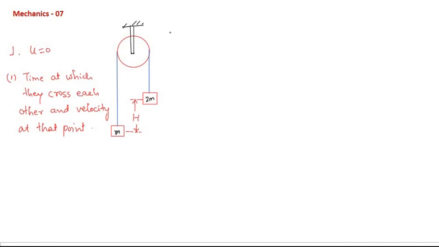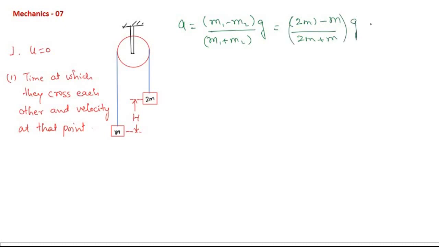We have seen the acceleration of these blocks was given by (m1 minus m2) divided by (m1 plus m2) times g. We have discussed and derived this formula in the previous two lectures. So with m1 equal to 2m, the acceleration is (2m minus m) divided by (2m plus m) times g, which is 1 by 3 times g.